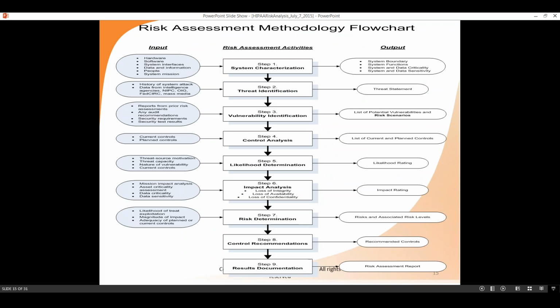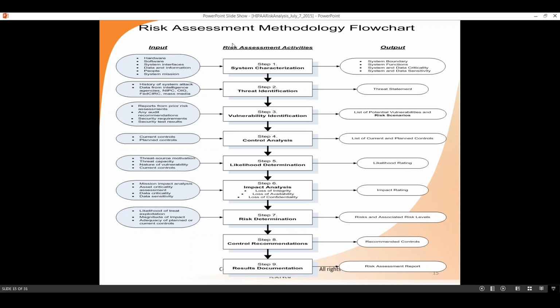Now, this is a detailed chart, which I won't go through, but this is really enumerating what I mentioned in the previous charts, which is around the 9 steps required to do a risk analysis and repeat the step to do continuous monitoring.